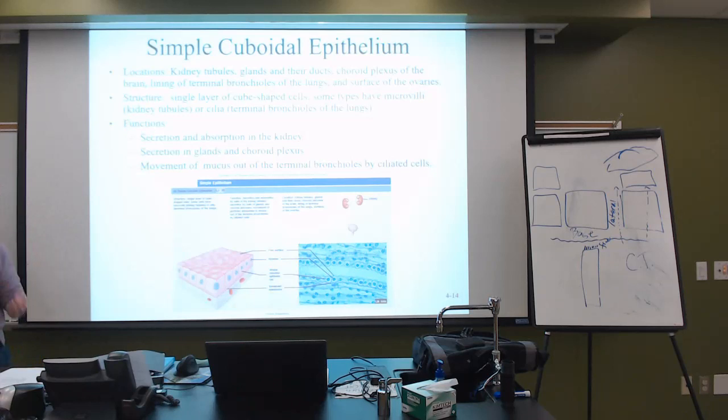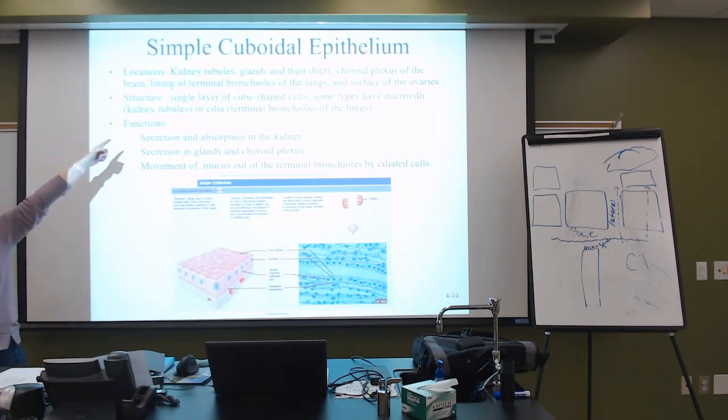Simple cuboidal, one layer of the cubes. We find this in kidney tubes, glands and their ducts, for example, oil glands, sweat glands. The choroid plexus of the brain.